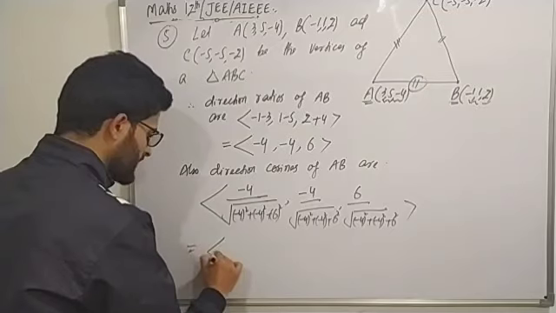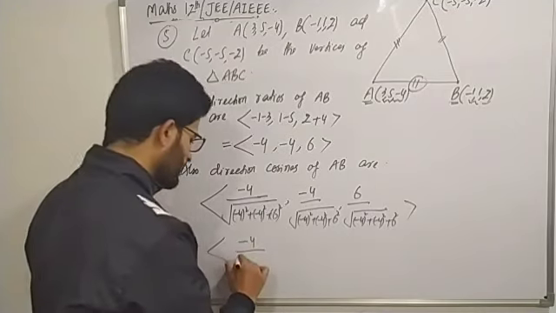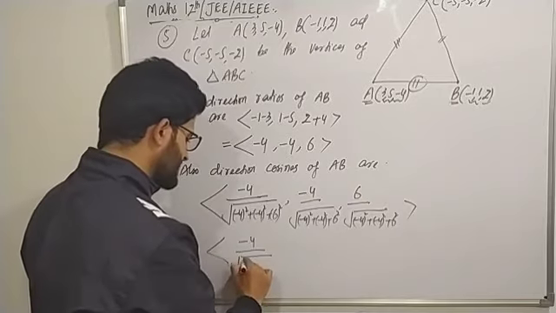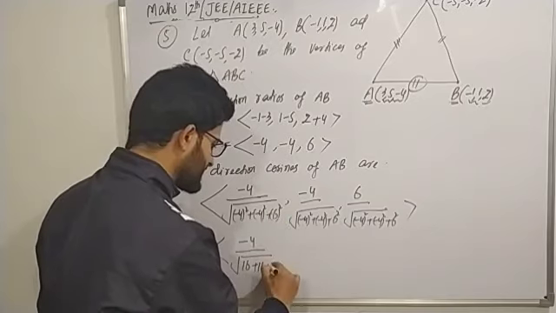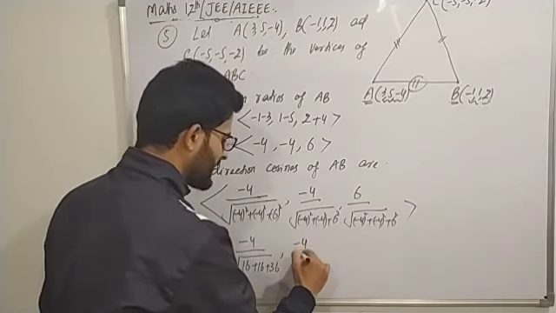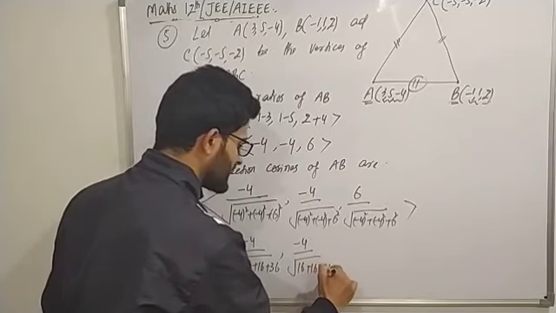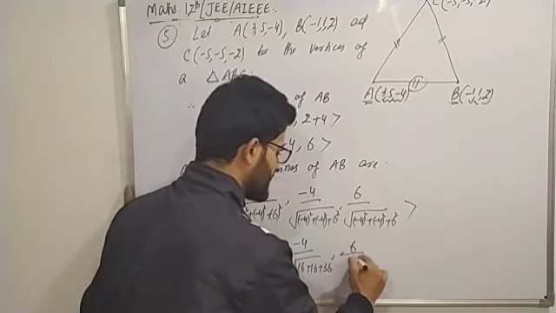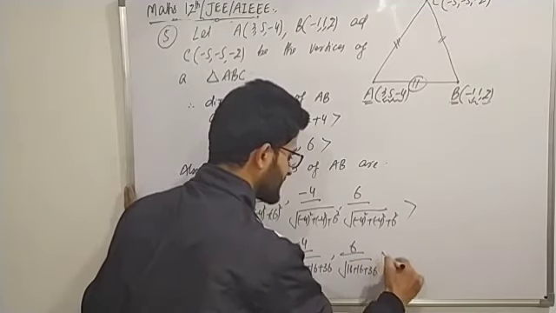And that's equal to ordered 3 tuple of -4 divided by, yes, square root of -4 square is 16 plus this is again 16 plus this is 36. तो यहां पे भी -4 डिवाइड बाय स्क्वायर रूट ऑफ 16 plus 36. यहां पे 6 डिवाइडेड बाय स्क्वायर रूट ऑफ 16 plus 36.